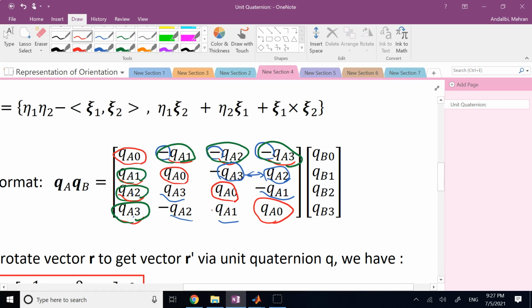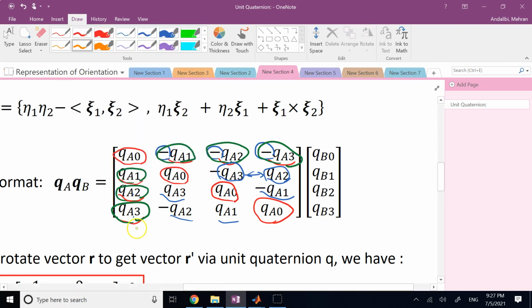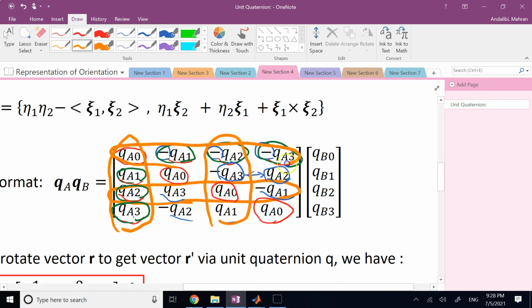In this matrix, if you look, in each column or each row, you have all 4 of them. Any column, any row that you look, you have all 4 components in it. It doesn't matter which column or which row. You always have all 4 components in it.